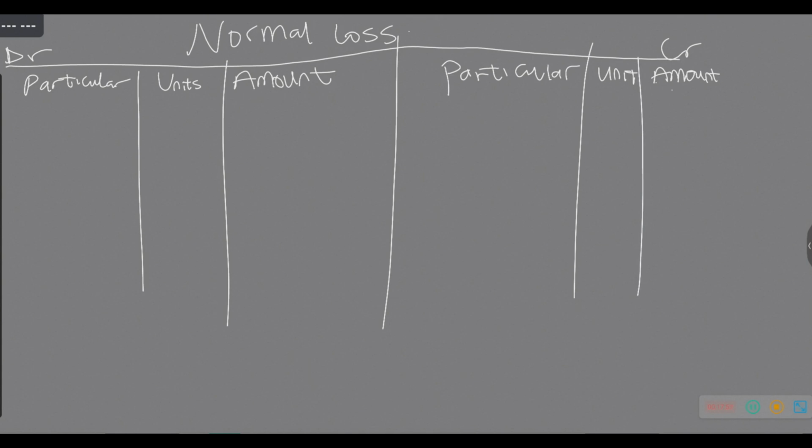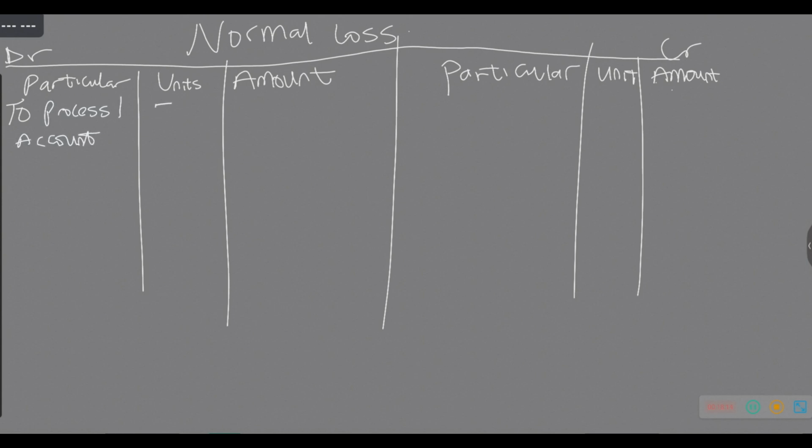So we're going to say to process 1 account, indicating that the normal loss is going to process 1 account, unit of 50, which was valued at scrap value, giving an amount of 400.